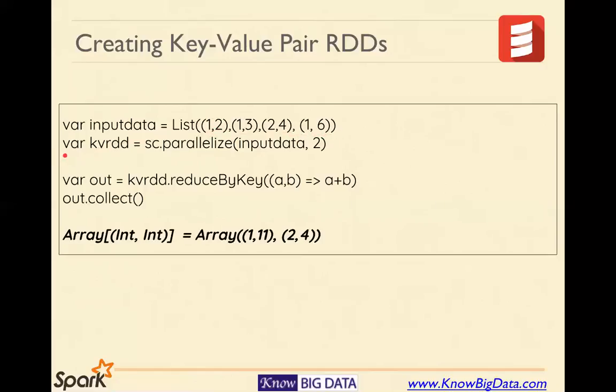And then there we basically are saying parallelize it, meaning convert it into RDD with 2 partitions. If we say 3 partitions, there'll be 1, 2, and 3, and there will be one partition containing 2 tuples. But we cannot have more than 4 partitions for it, right? A record is non-breakable.